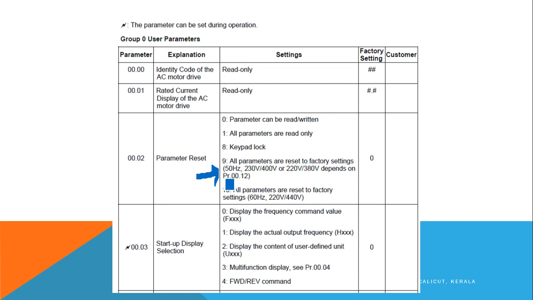So if you put the parameter 00.12, then it will be suitable for a 50 Hz motor with 230, 400 or 220, 380, depending on additional settings of this parameter. So it is generally for 50 Hz supply systems. If the parameter is 10, the parameters will all be reset to 60 Hz with 220 or 440, with additional setting parameters in 00.12.